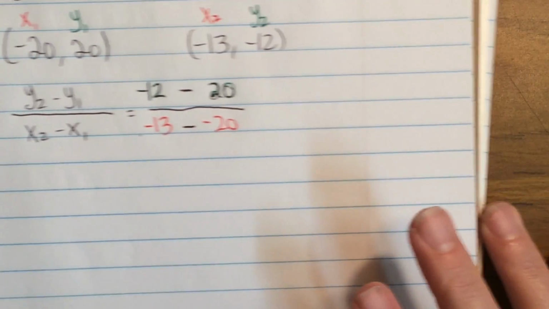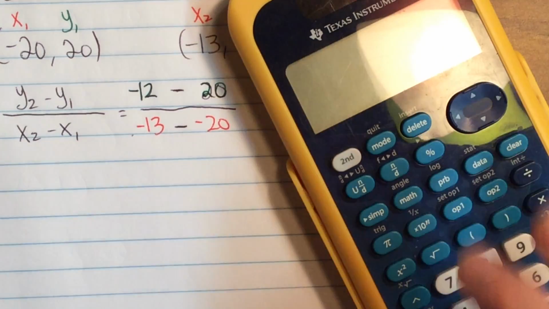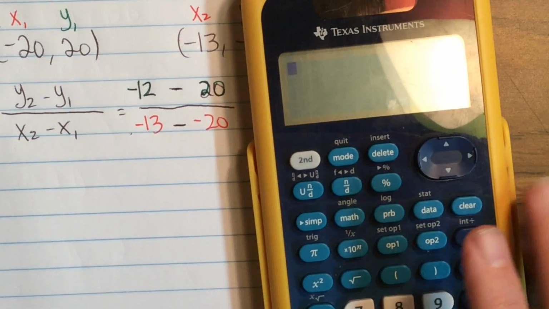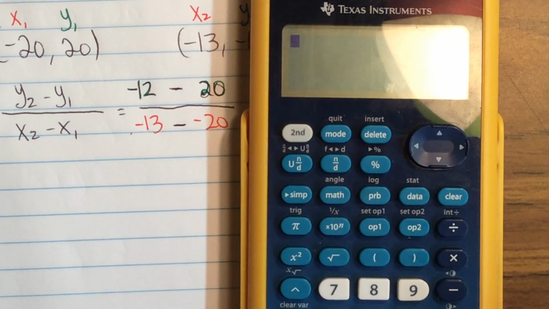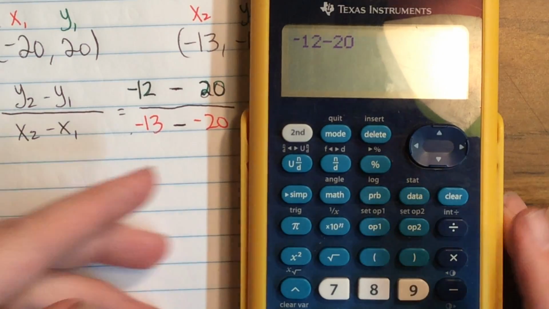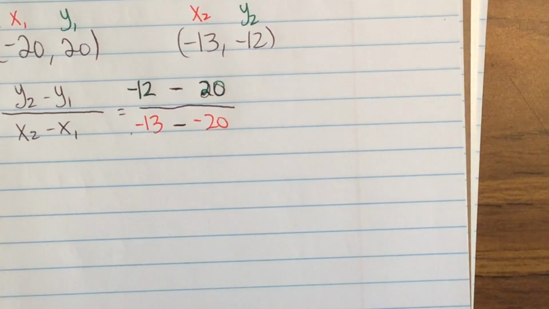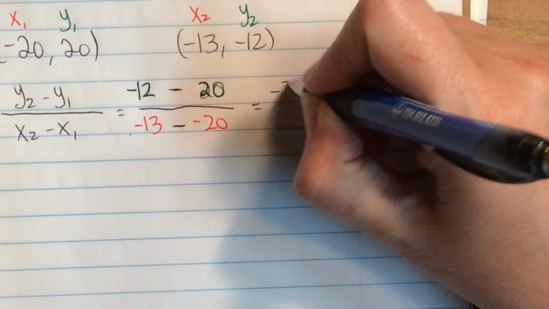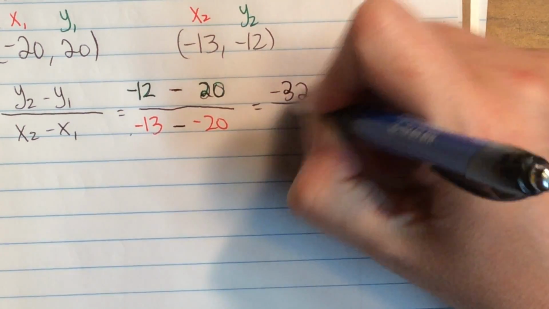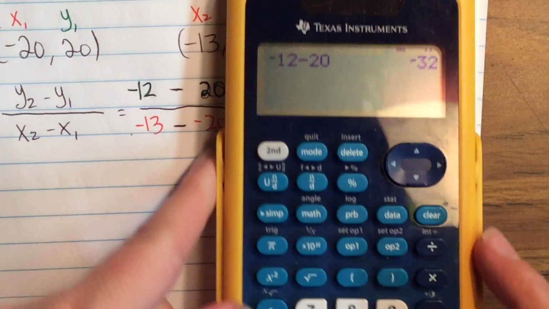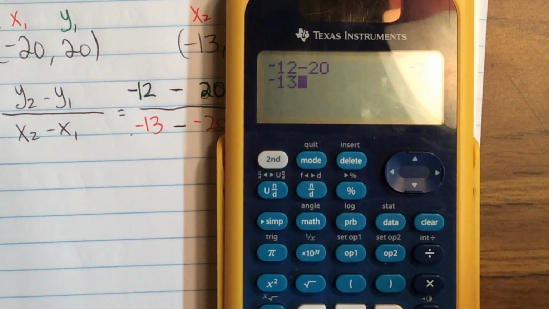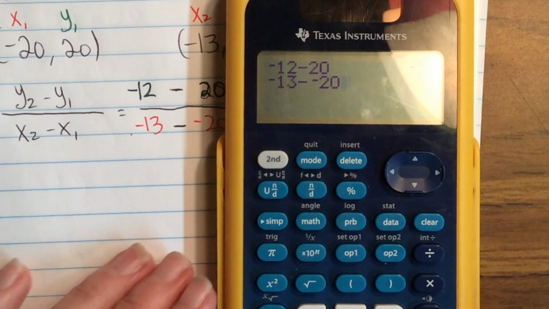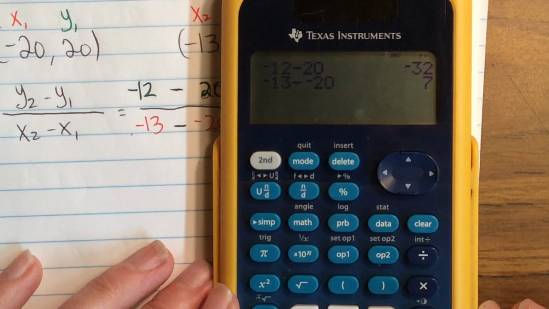Okay, so now all we got to do is actually do the math, which we can even use our calculator. So negative 12 minus 20 is negative 32. And then negative 13 minus negative 20 is positive 7.